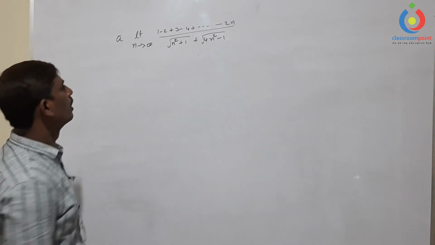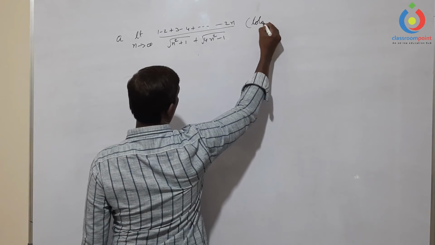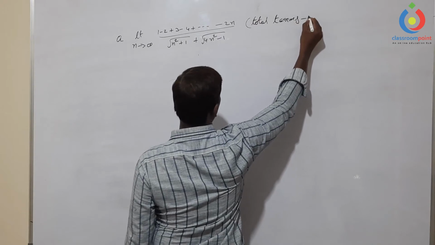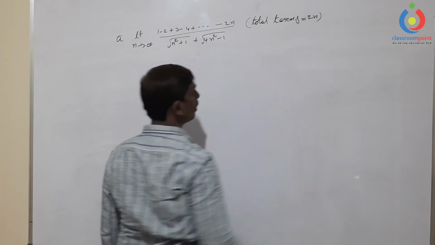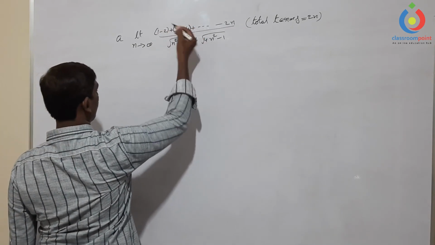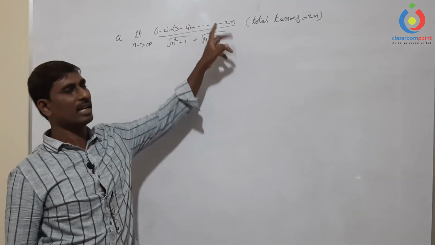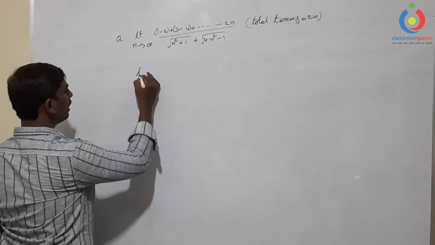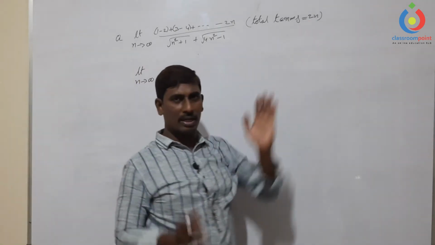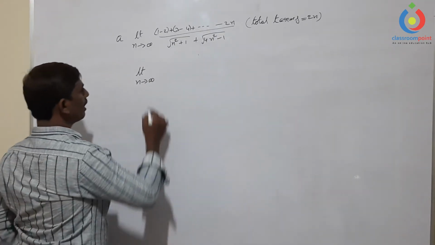Simple thing. I am taking total terms as 2n terms. So I will take one pair, two pairs: 1 minus 2 is minus 1, 3 minus 4 is minus 1, 5 minus 6 is also minus 1. Two terms make one pair, so total n pairs we are getting.